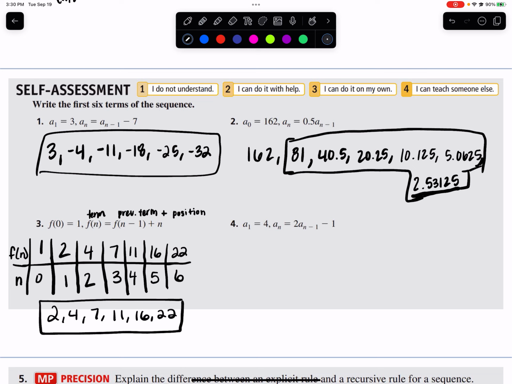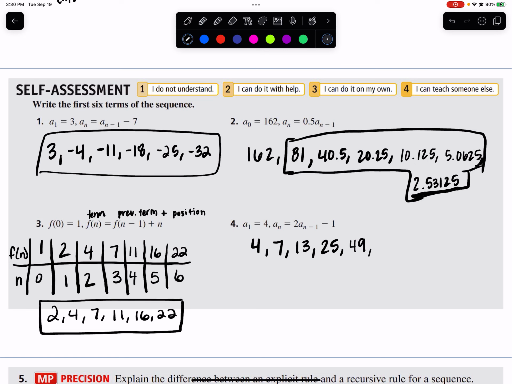All right, and then last one, my first term is 4, and then I'm taking 2 times my previous term minus 1. So 2 times 4 minus 1 is 7. And then 2 times 7 minus 1 is 13. 2 times 13 minus 1 is 25. 2 times 25 minus 1 is 49.